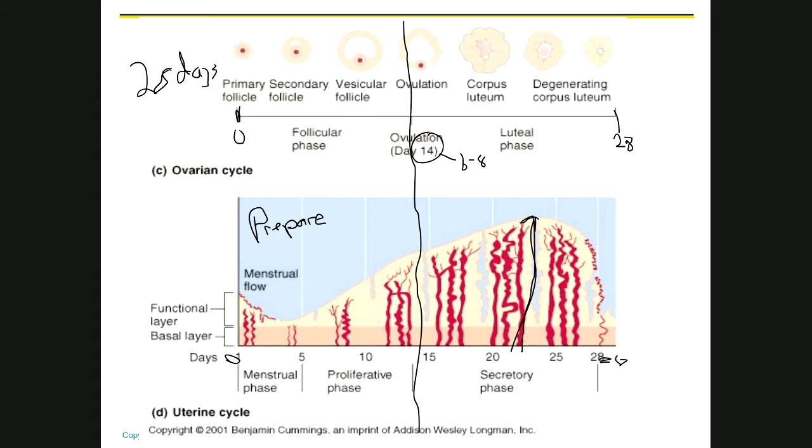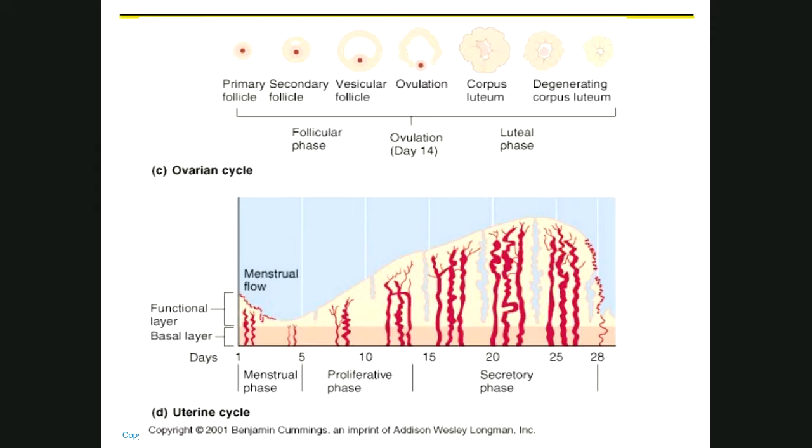of when the uterus is most receptive, most hospitable. And so that's when this fertilized egg would arrive. And so it's really important that the cycles match up.